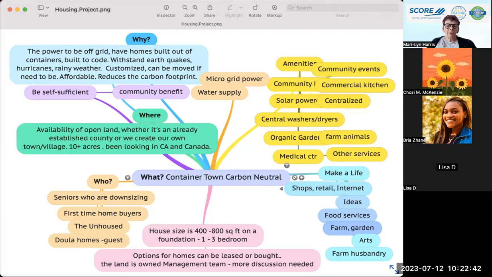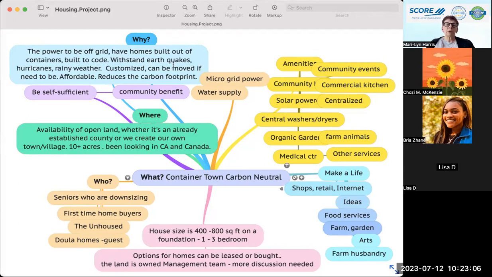And then you have a little more information about the what. So the house size is this, just some ideas I'm thinking about, but I'm not sure. But it gives me an idea to keep them fresh in my mind. And then why?